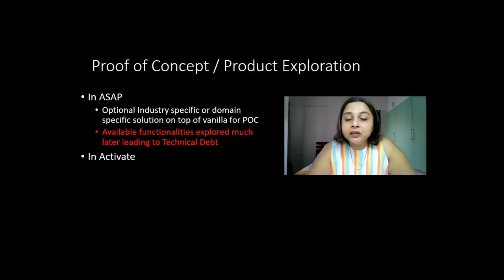And this used to result in a lot of technical debt, because the customer used to become aware of a particular functionality quite much later down the line, somewhere in the realization phase, that okay, this is something which was supposed to be implemented earlier and now it is not, we have not taken it into consideration, but already we have frozen the requirements. So such kind of technical debt used to get generated in the previous projects.